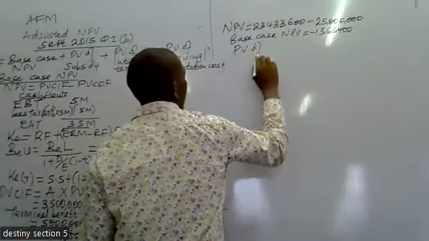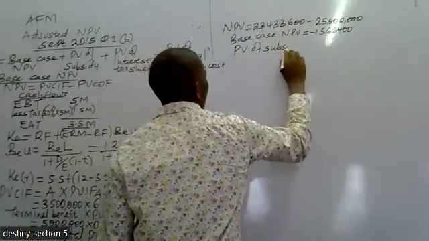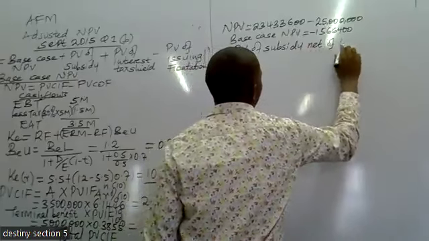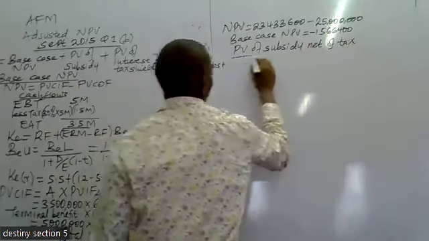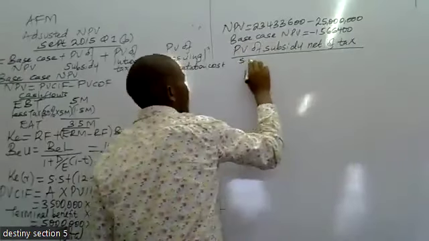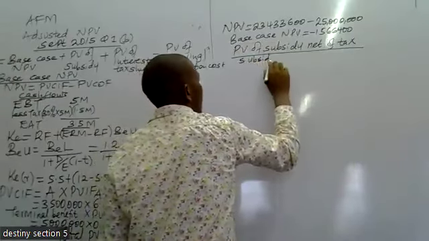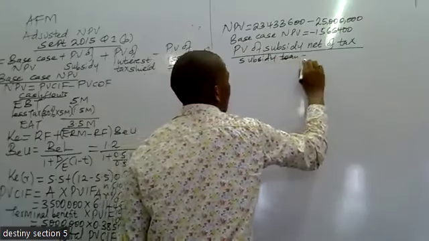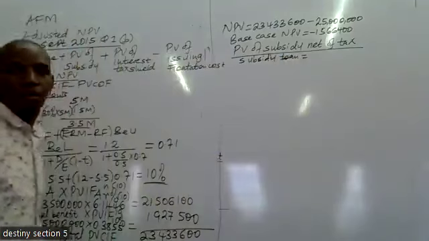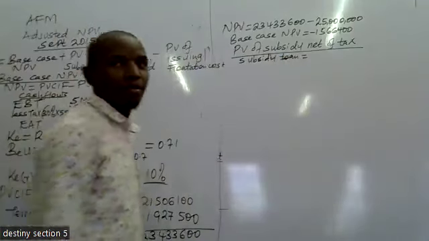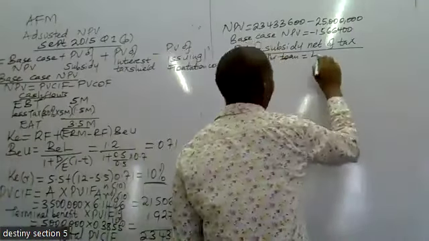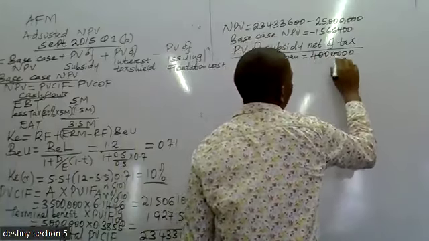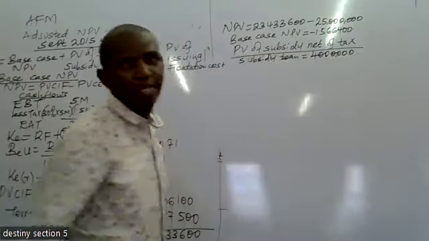The present value of subsidy. This is net of what? Now, what was our subsidized loan? The loan that was subsidized was 4 million. What we want is just the benefit.